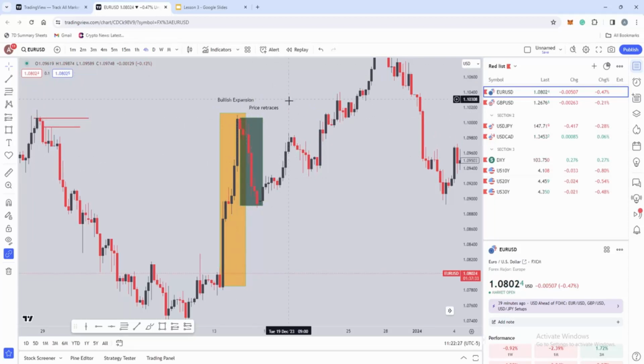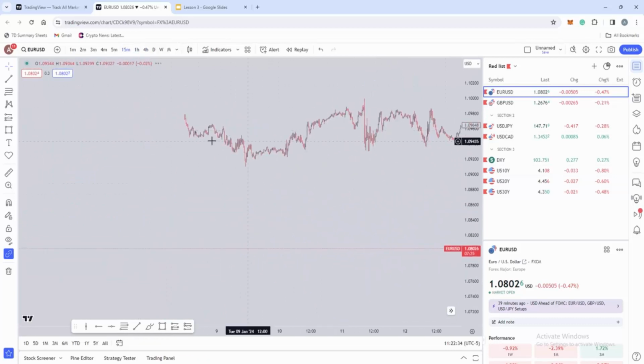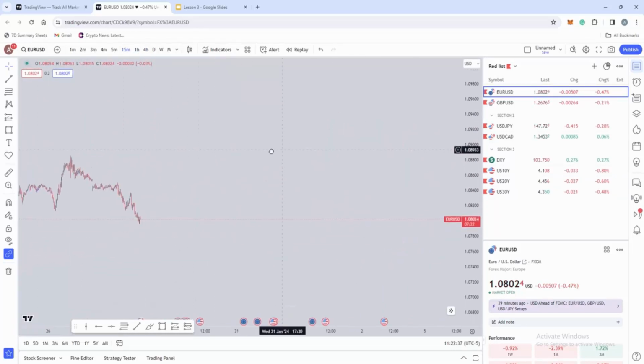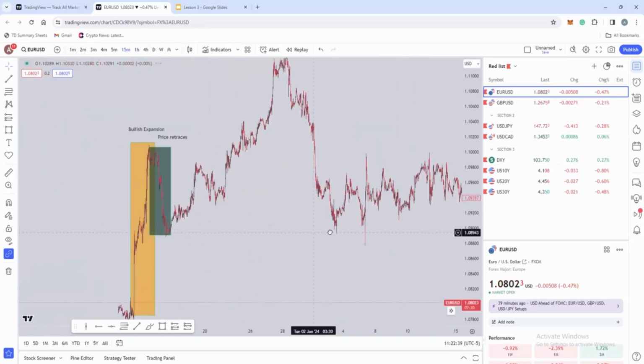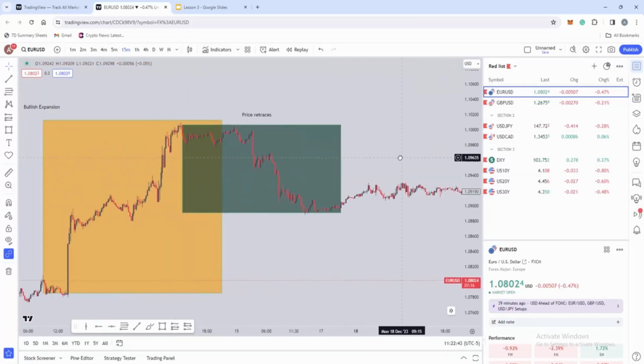Price is going to come back down to fill any inefficiencies and take out some liquidity on the way if there is. So let's go back. Now we're on the 15 minute. So let's see what price did here.